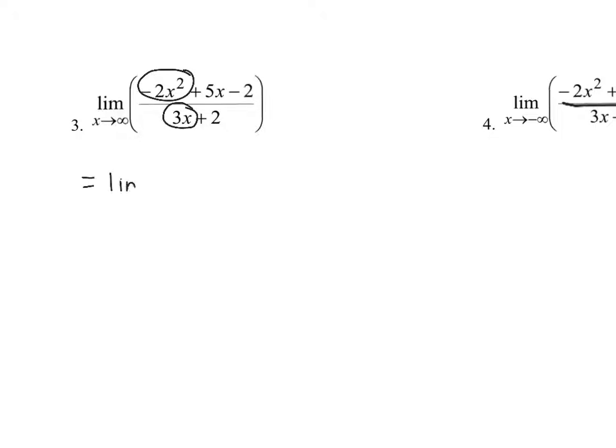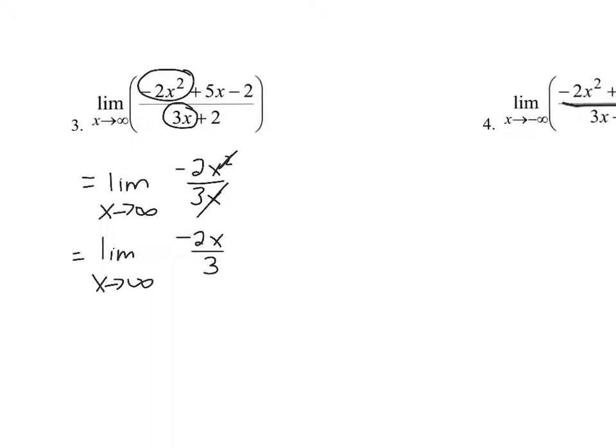So I'm going to rewrite this as the limit as x approaches infinity of 2x squared over 3x. But what you can see is I cross out one of my x's. So this will be equal to the limit as x approaches infinity of negative 2x over 3.